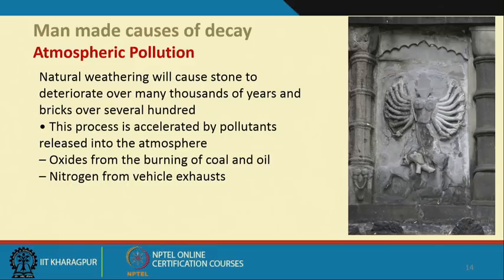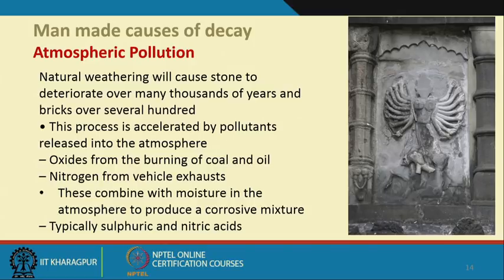It can take many years, but it is accelerated by the oxides from burning coal and oil and nitrogen from vehicle exhaust. So, as I said, one can see what mitigation measures one can take to reduce the impact.